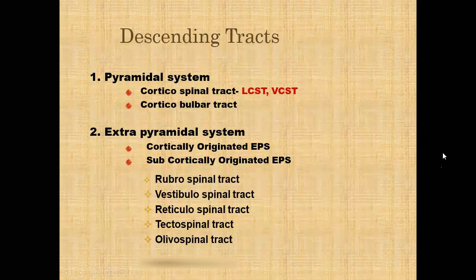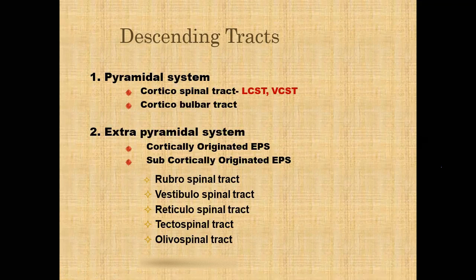Now, let me tell you what these descending tracts actually are. The tracts are basically divided into the pyramidal system and the extrapyramidal system. As the name suggests, those which are descending via the pyramidal system are under the pyramidal tracts, and those which are beyond or outside the pyramidal system are the extrapyramidal system.